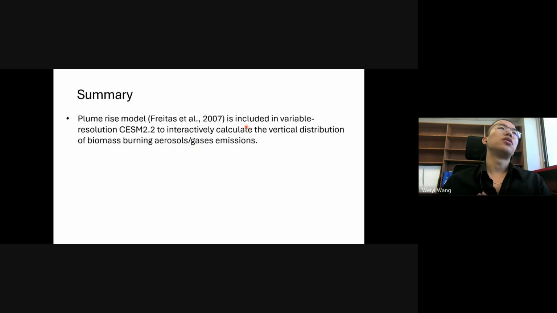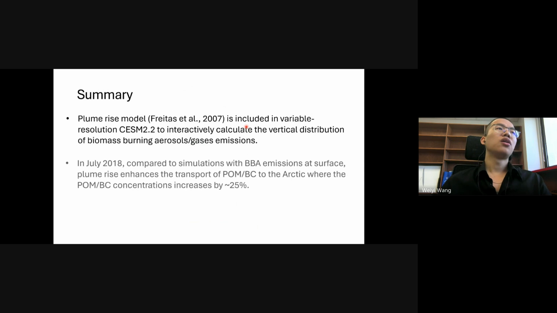So in summary, the plume rise model developed by Freitas et al. in 2007 is included in variable resolution CESM 2.2 to interactively calculate the vertical distribution of biomass burning emissions of aerosols and gases. In July 2018, compared to simulations with biomass burning emissions at the surface, the plume rise enhanced the transport of POM to the Arctic, where the POM concentrations increased by 25%.